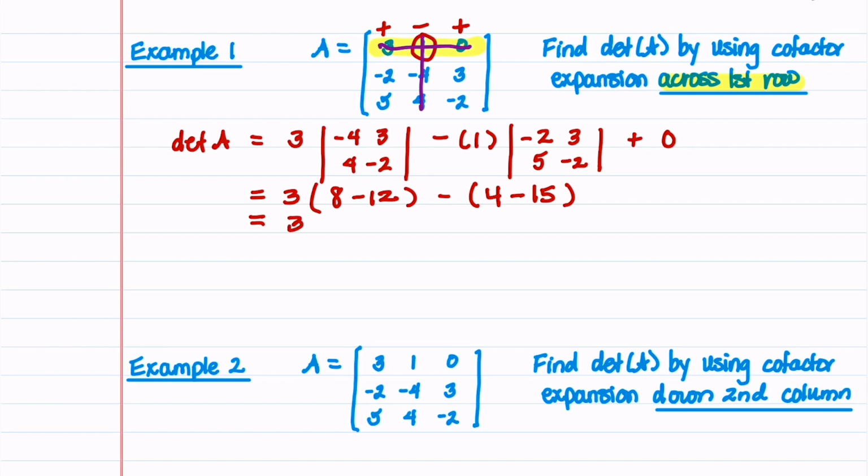So this gives us a 3 times a minus 4, minus a 4 minus 15 is a minus 11. So we end up with a minus 12 plus 11, which gives us a determinant of minus 1.